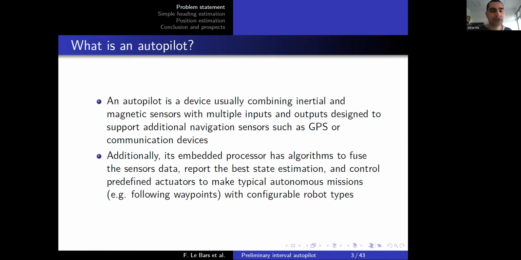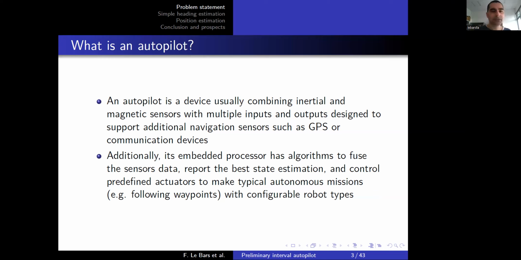Inside this autopilot, you have a lot of state estimation algorithms that are supposed to give the best estimate for each important variable of the robot, as well as control algorithms that usually need to be defined or tweaked by a lot of parameters, so that the autopilot knows which type of robot and actuators it needs to control.